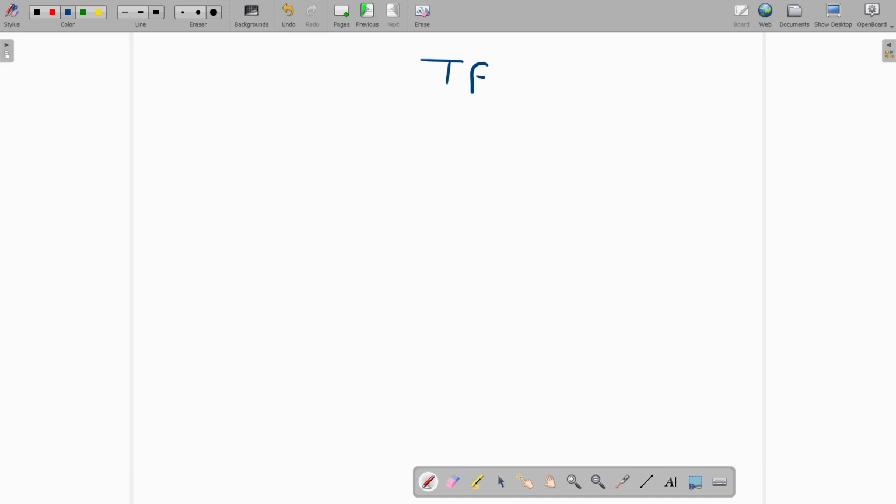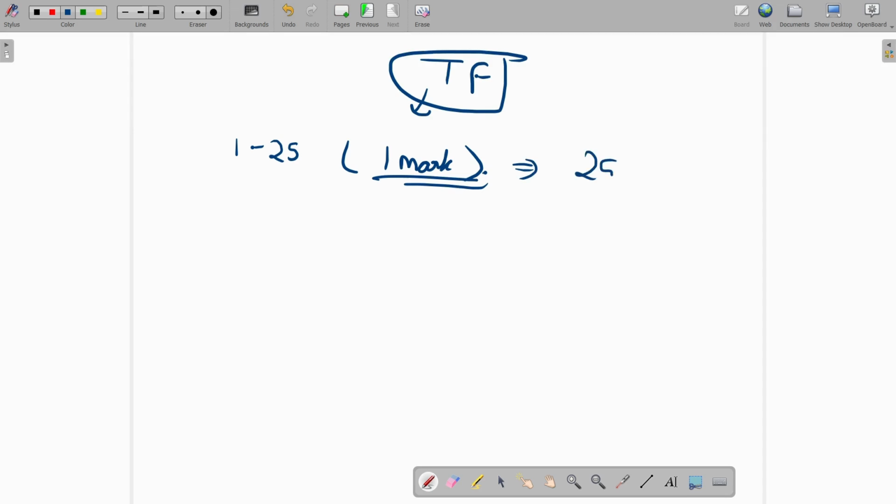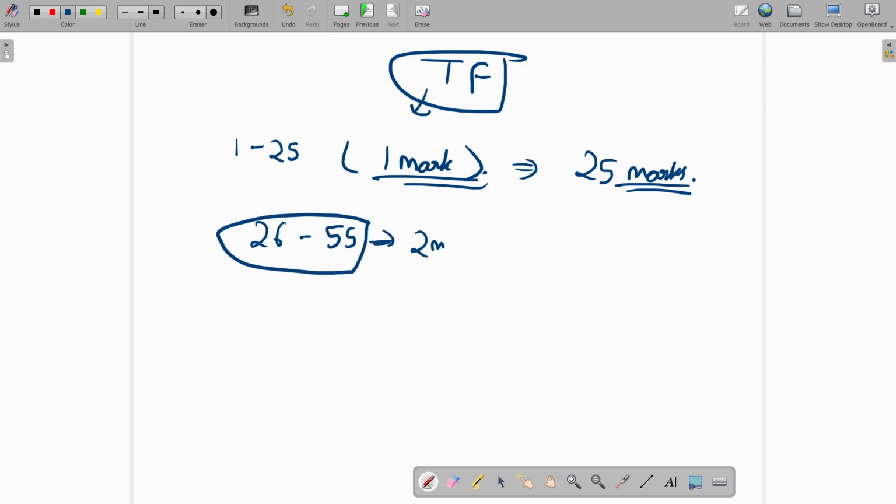Now coming to the TF segment in core. If I talk about the TF segment, as I told you in TF 73, questions 1 to 25 are 1 mark questions, which is 25 marks. And questions 26 to 55 are 2 marks each, which means 50 marks.